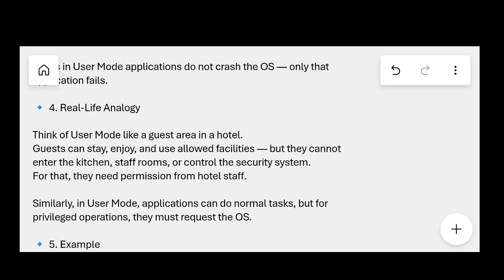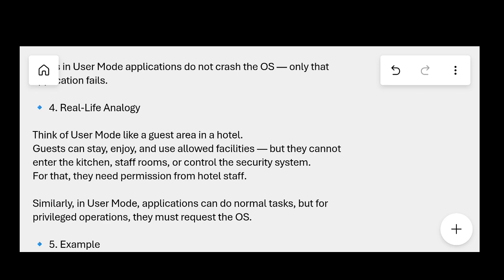Think of a hotel. In a hotel, guests are allowed to stay in the guest area and enjoy the facilities and use the services. But a guest cannot go inside the kitchen, the staff rooms, or control the security system, because if they want something special like food, they must request the hotel staff.